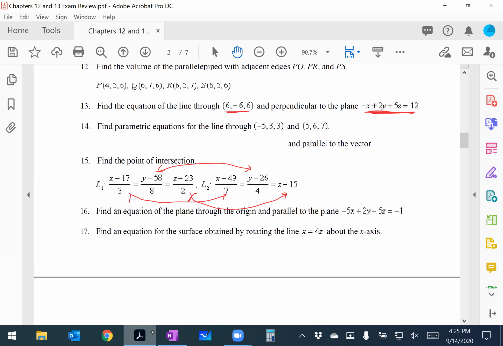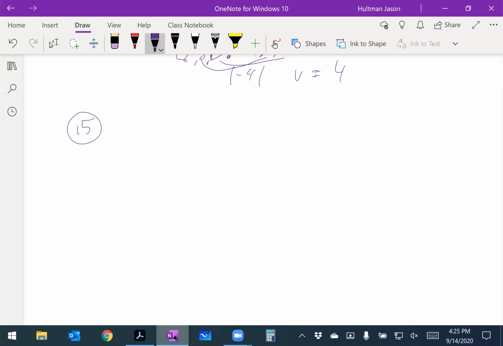Let's look at the definition of a plane real quick. The definition of a plane is A times (x minus x1), plus B times (y minus y1), plus C times (z minus z1), equals 0.